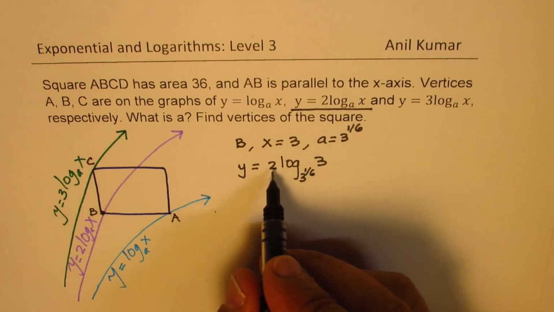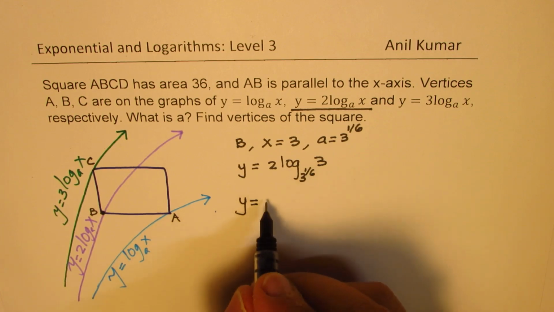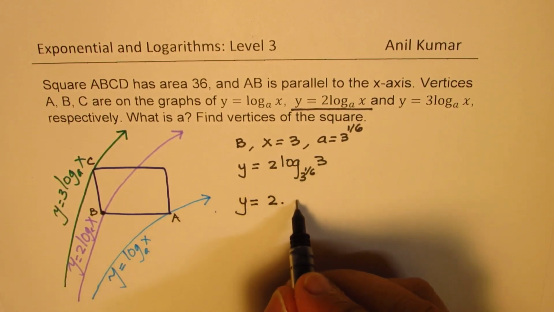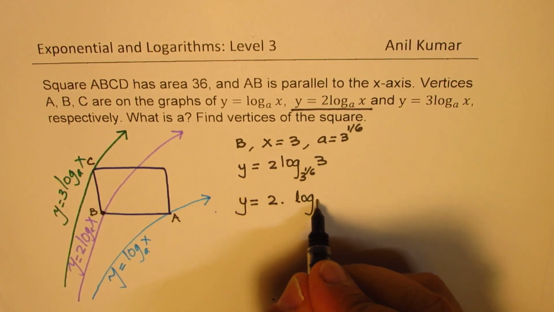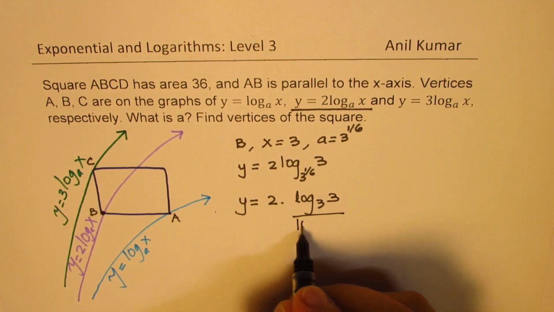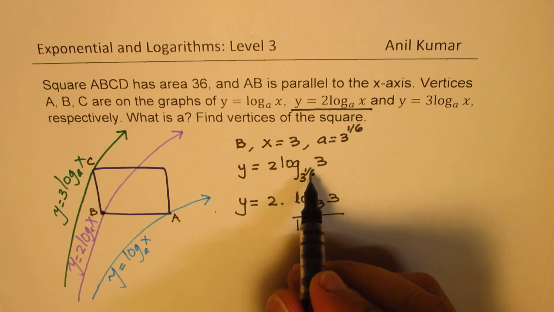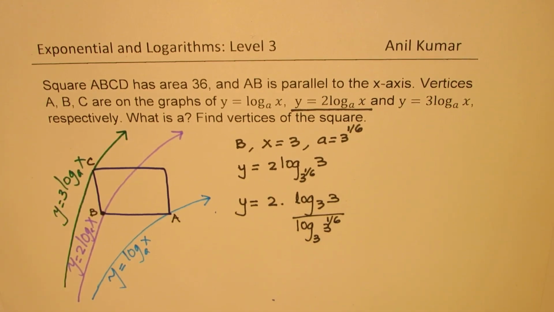Okay, so from here we can say y equals 2 times... now let's change the base, right? So we can write this as log to the base 3 of 3, divided by log to the base 3 of 3 to the power of 1 over 6. Good.